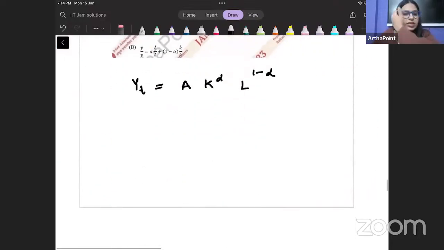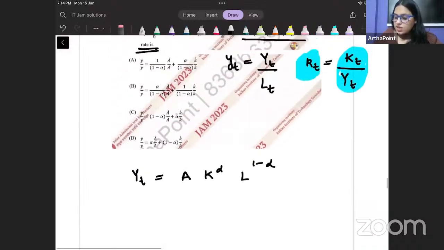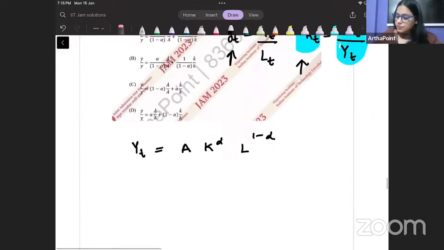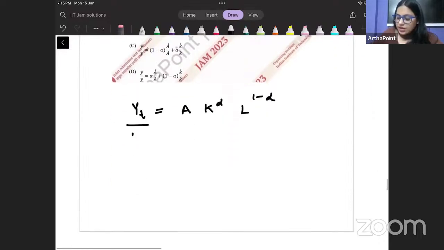So now look here very carefully. What I'm doing is, before taking log, because I want these things in small y and small k terms, I am going to divide both sides by L. That's my first step.